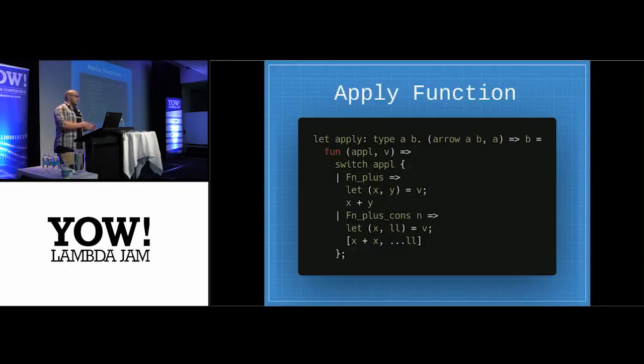Now that we have this big list of things that we say everywhere in our program, we have a function that does adding, we have a function that does plussing, we have all of these higher order functions around. We now define a method called apply. And what apply does is it effectively pattern matches over all of the potential constructors of the arrow type, and it takes the higher order functions that were defined in place, replaces them with the brand that says what type they were, and an invocation to apply, and then apply does a lookup basically in this big dictionary of, that was a plus, okay, let me go find the function for a higher order plus.